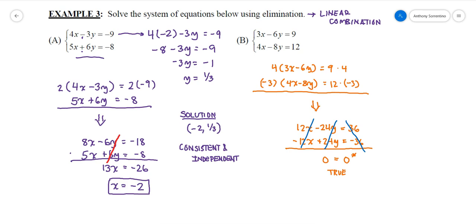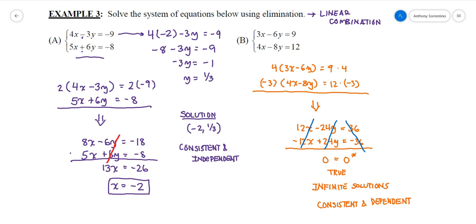And so if I get a situation where I have to conclude that there is a special circumstance and I end up with a true statement, that indicates that I have infinite solutions. And that means that I would say this is consistent and dependent. Essentially, the two equations I have are of the exact same line. Therefore, they're going to intersect each other everywhere.